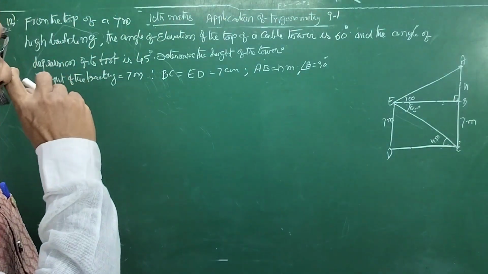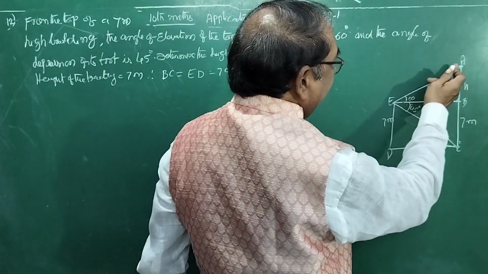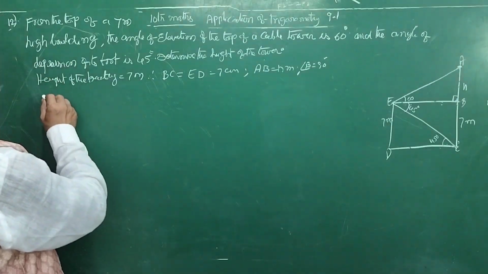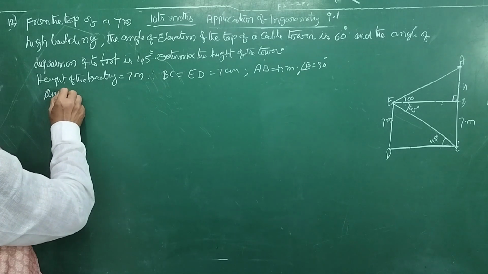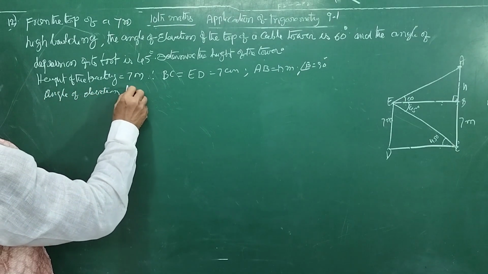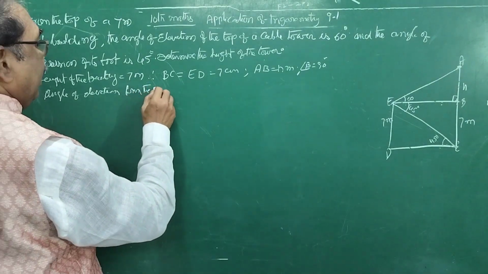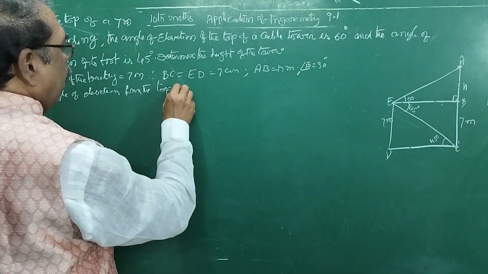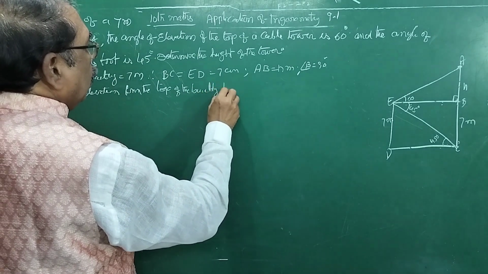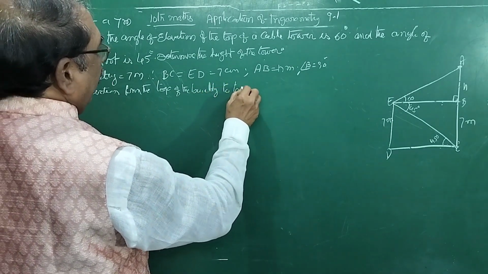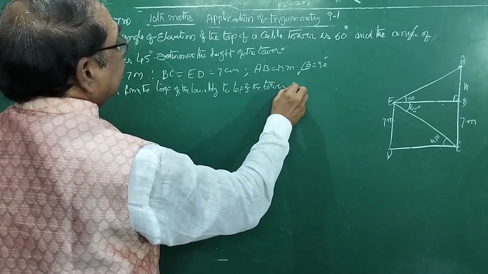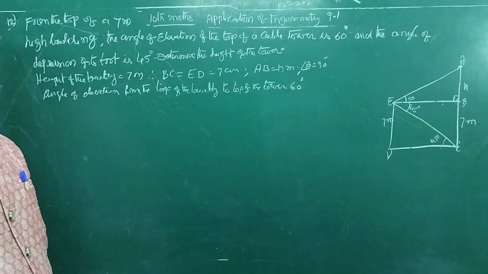Now, the angle of elevation is 60 degrees, from the top of the building to the top of the tower. Alright.